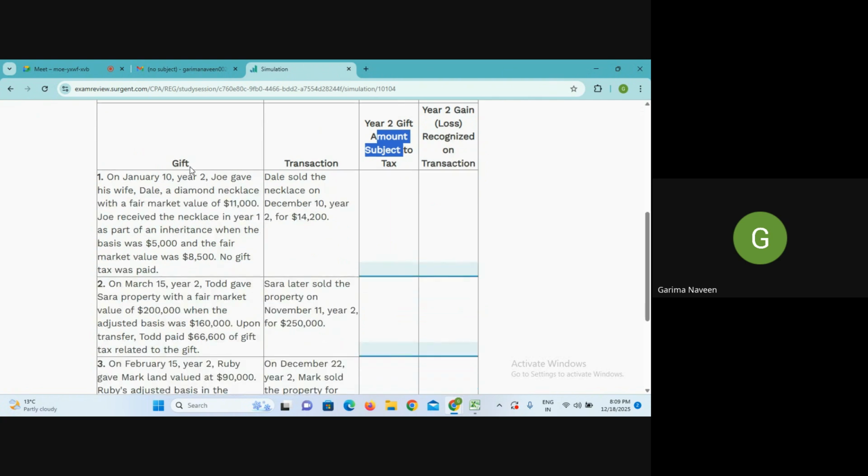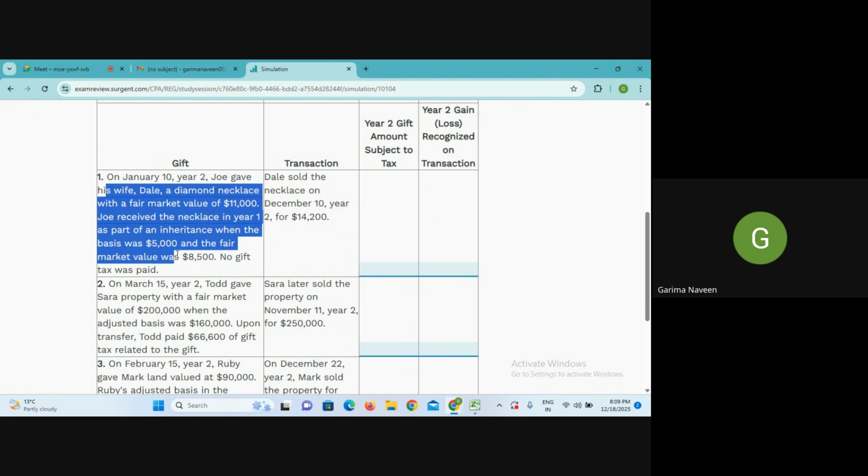So first question is, on January 10, year 2, Joy gave his wife Dale a diamond necklace of fair market value 11,000. Joy received the necklace in year 1 as a part of an inheritance when the basis was $5,000.